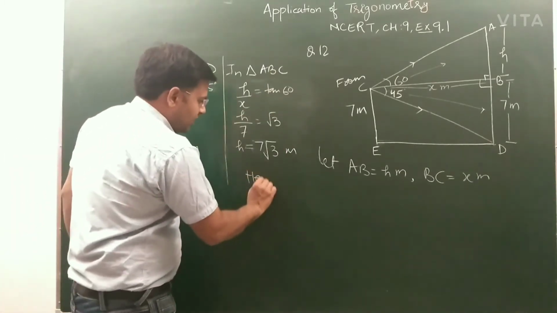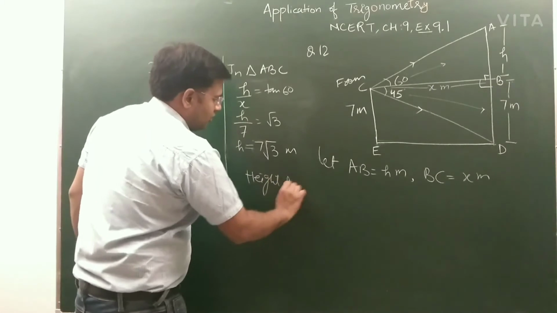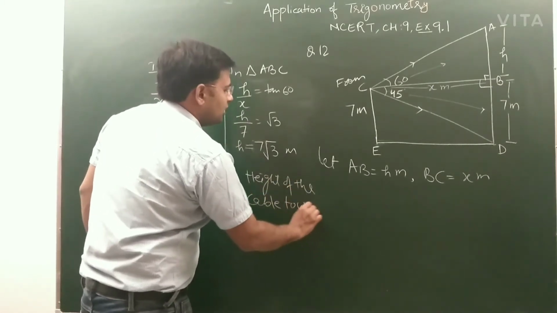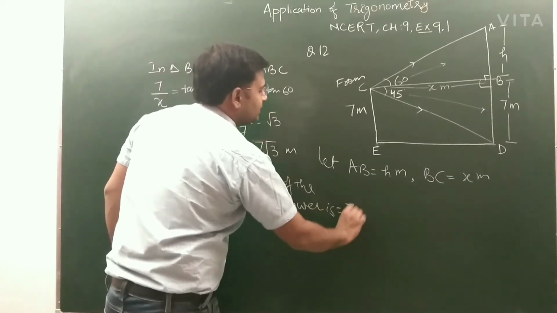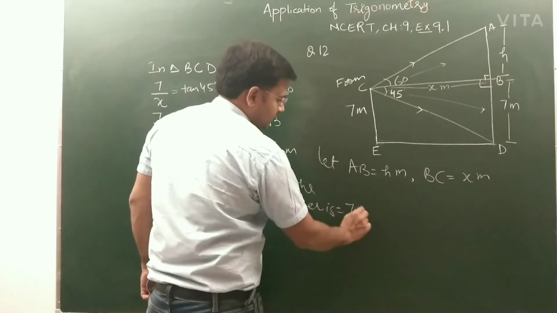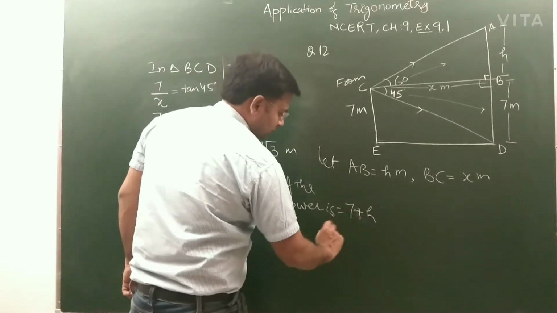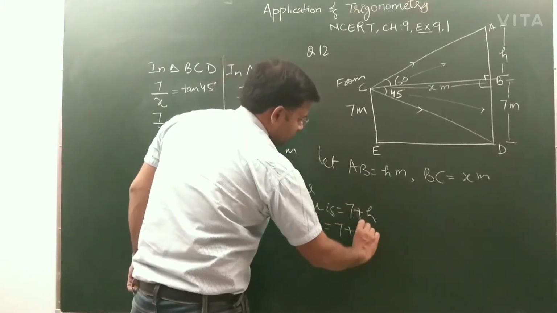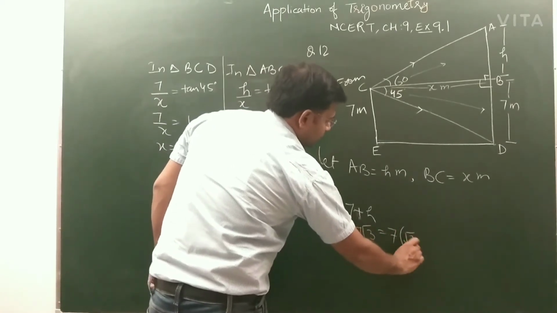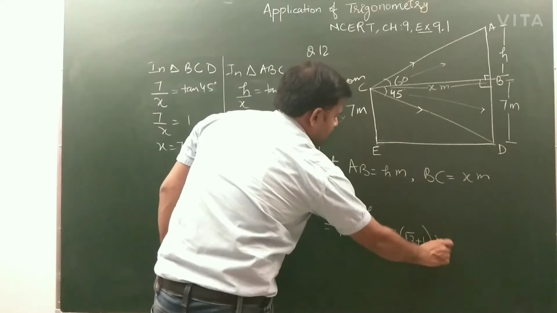So the height of the cable tower is 7, because BD is 7, plus this H. So substitute the value: 7 plus 7 root 3. If you take 7 common, it will be 7 times root 3 plus 1 meters.